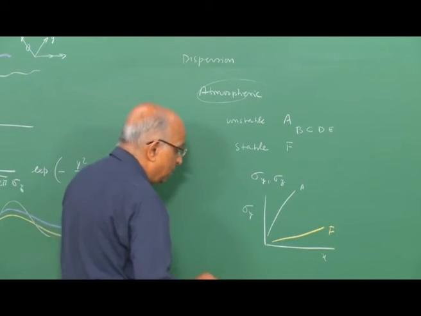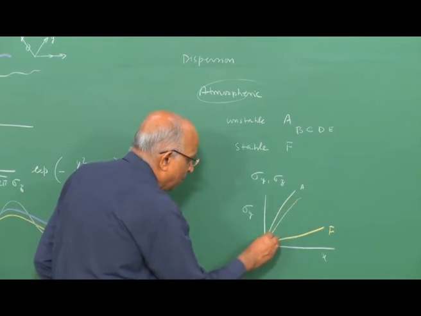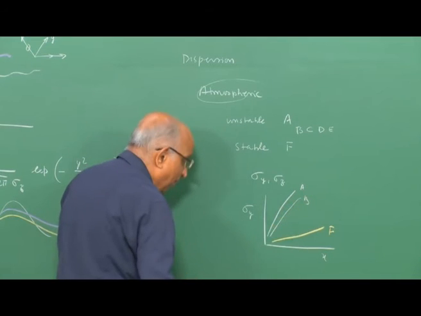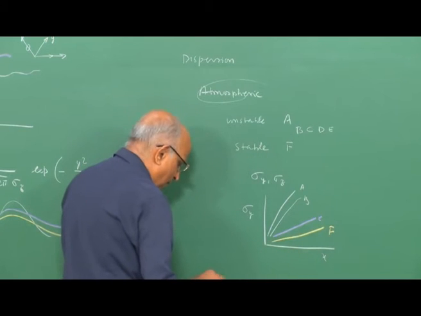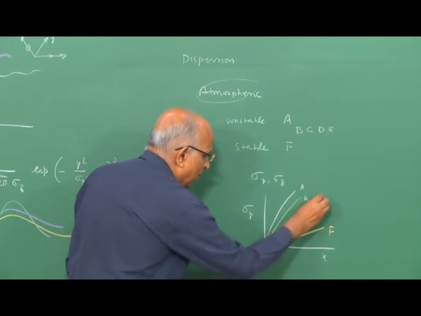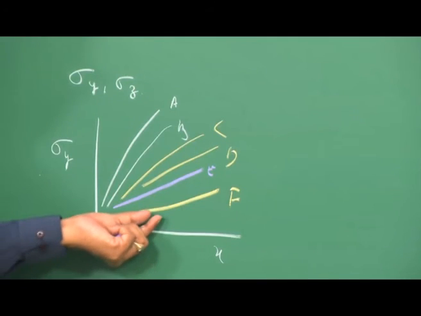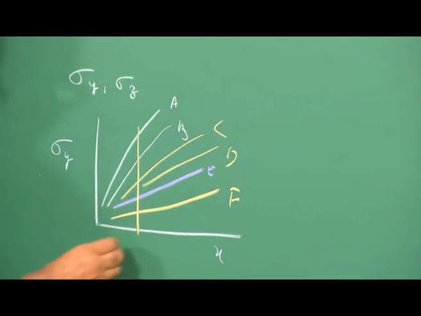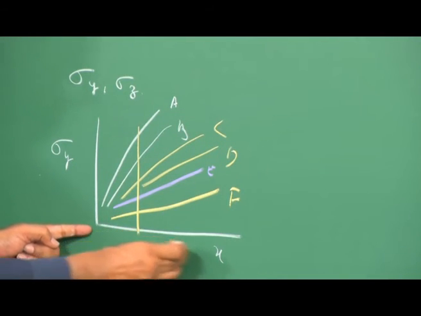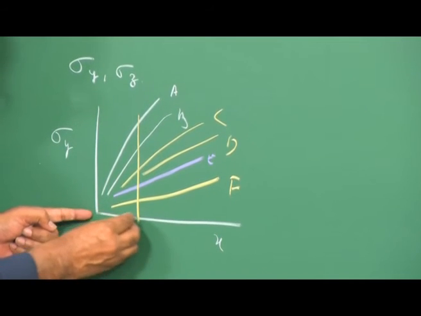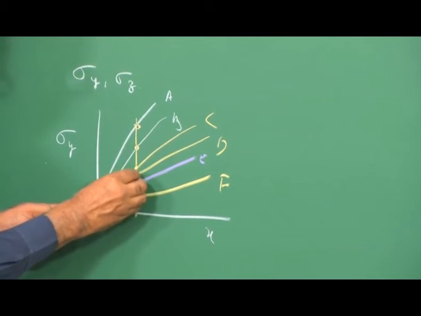In between these two lines, we have the different conditions. I could have B over here, E over here, the line for C over here, and a line for D over here. Corresponding to the atmospheric conditions, when the spill goes over a distance, let us say x, and the wind shifts it from here to here, I can find out the values of these standard deviations.